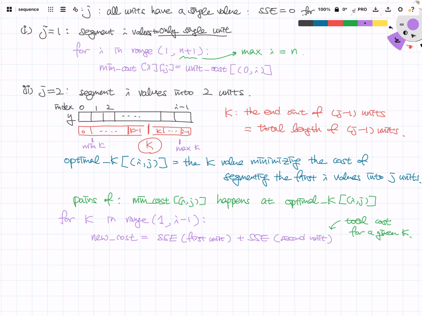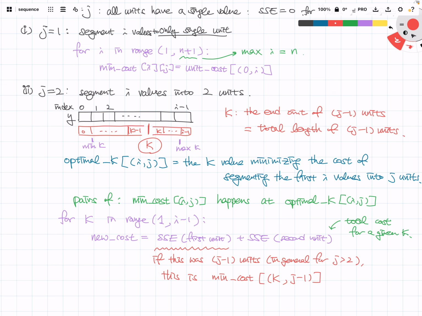However, the trick is, in general case, if the first part has j minus 1 unit, not a single unit in general, and j equal to 2, this is actually the minimum cost of splitting the first k values into j minus 1.